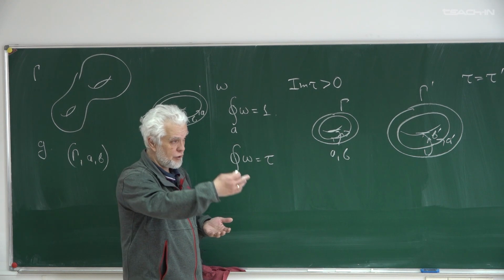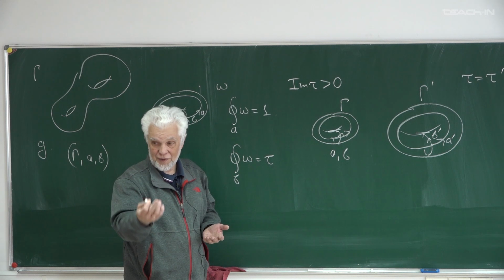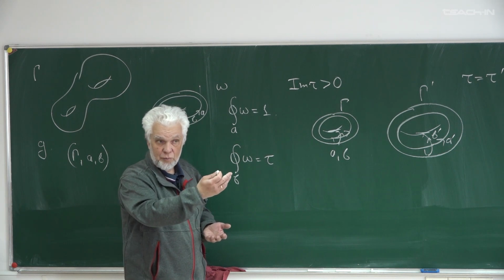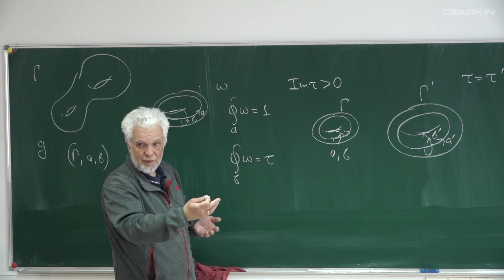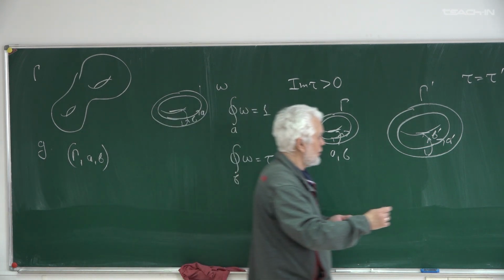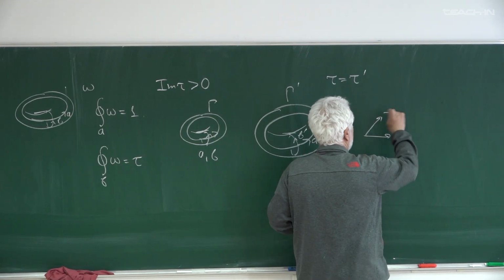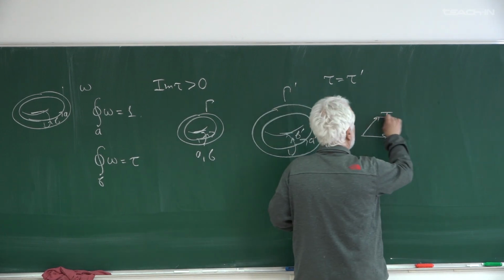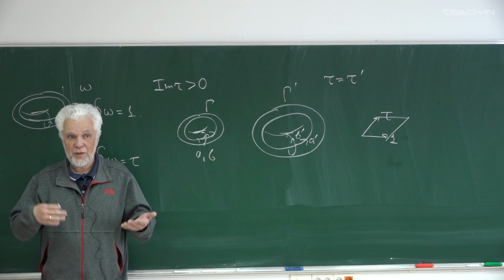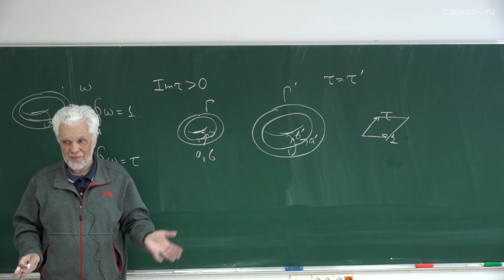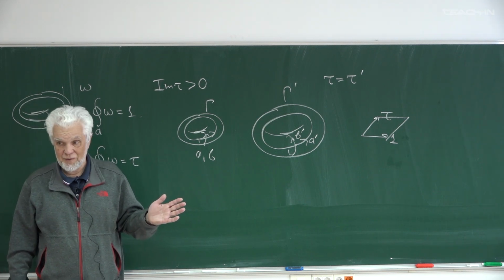Therefore, we associate with each torus with a fixed basis of cycles a point of the upper half plane. Vice versa, if we have a point in the upper half plane, we consider the lattice generated by 1 and tau, because the torus is a factor of the complex plane by the lattice. This space is called Teichmüller space.